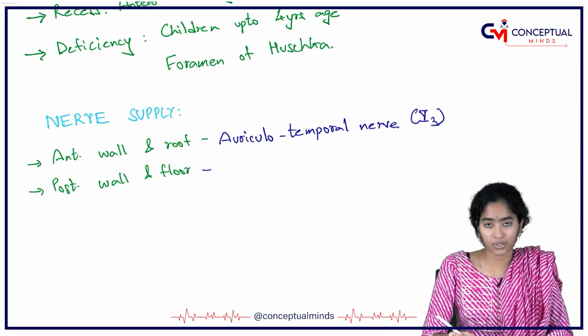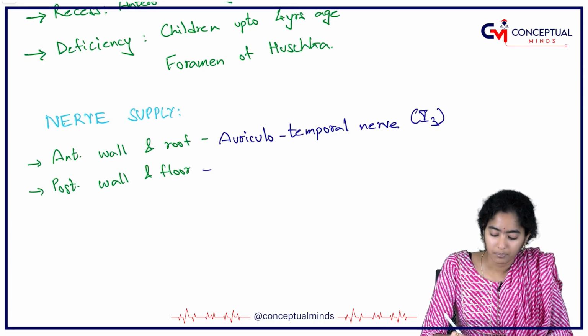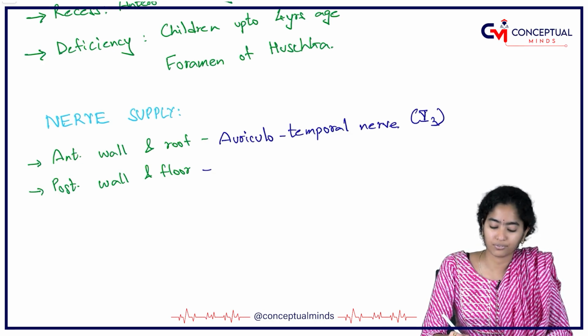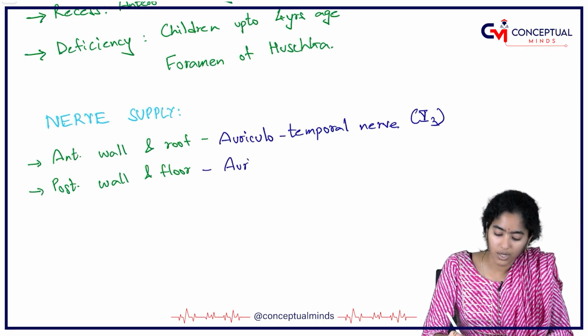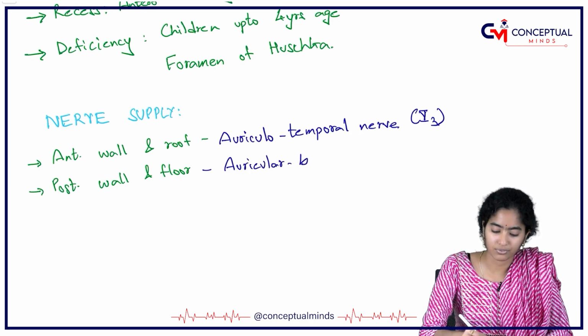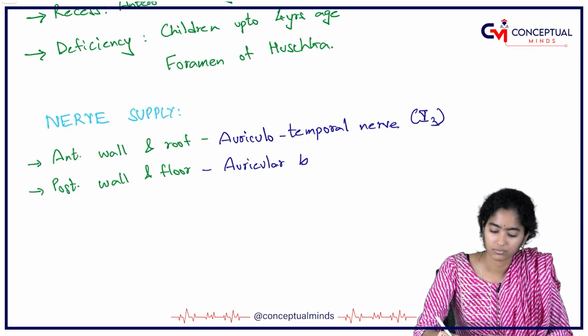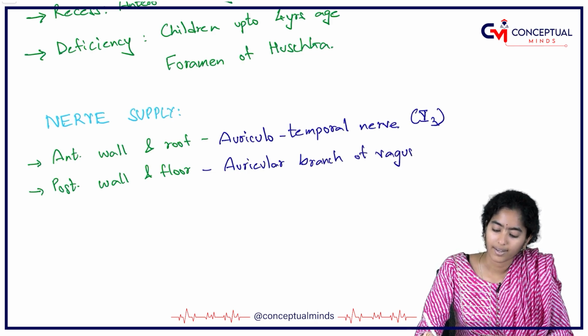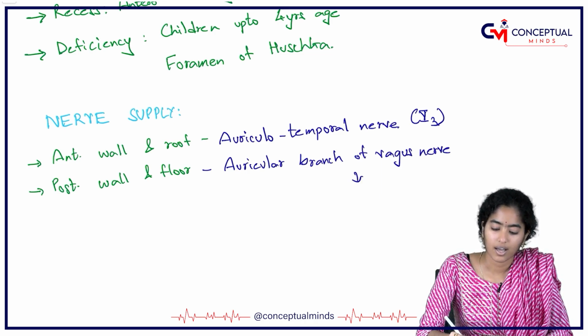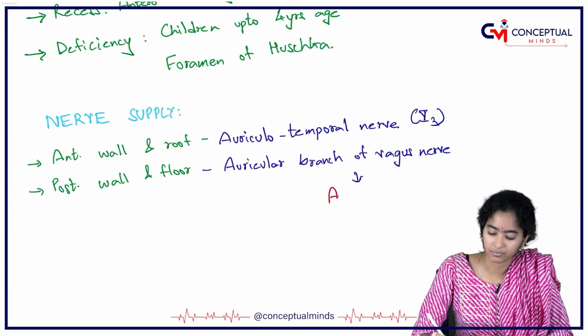The posterior wall and floor are supplied by a branch of the vagus nerve, the auricular branch of the vagus nerve. And this nerve has a special name. It is called Arnold's nerve.